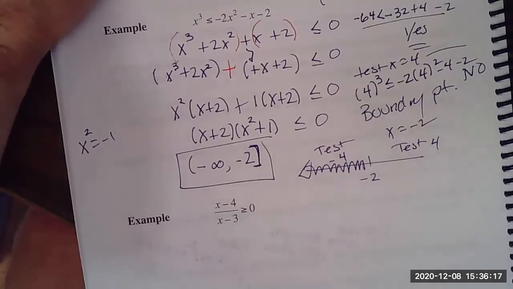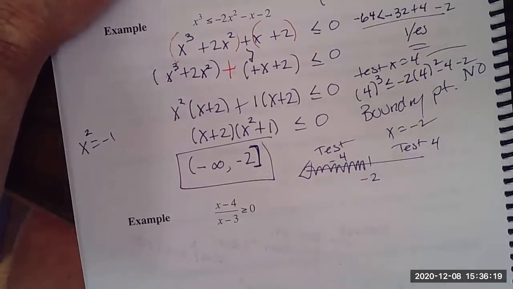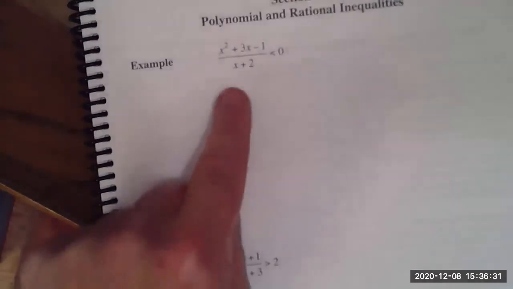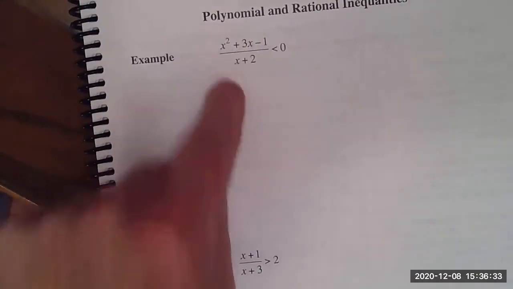Okay, those two were called polynomial inequalities. This is called a rational inequality because there's a fraction downstairs. Rational inequality, rational.